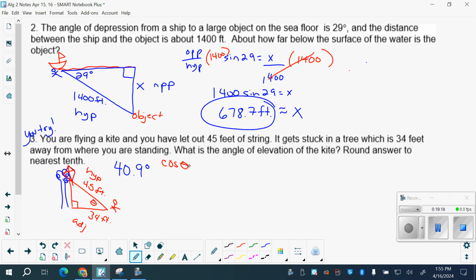It's just going to be a minute longer. So adjacent would be 34 over 45, and then we take the cosine inverse. And we get 40.9. Is that what you got? 40.9 degrees.